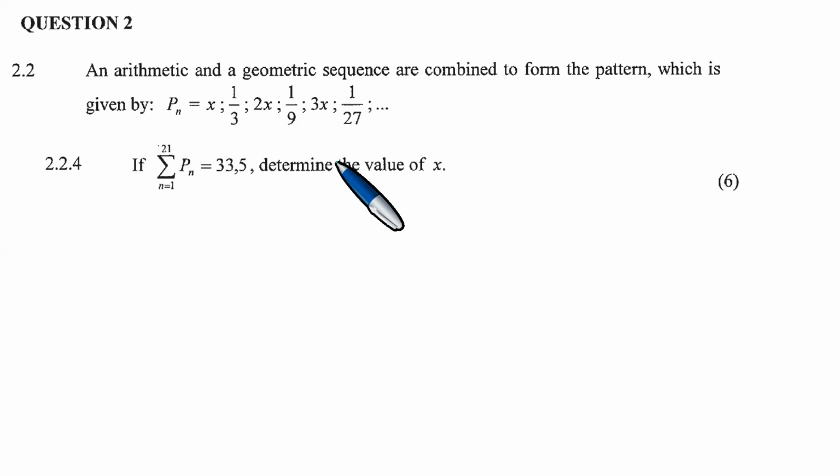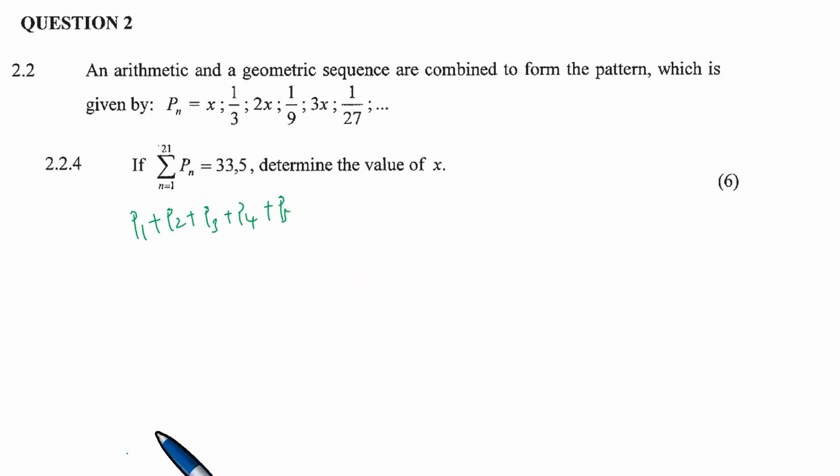All right, so what is this? Well, this means we have the summation, so it's going to be P1 plus P2 plus P3 plus P4 plus P5.